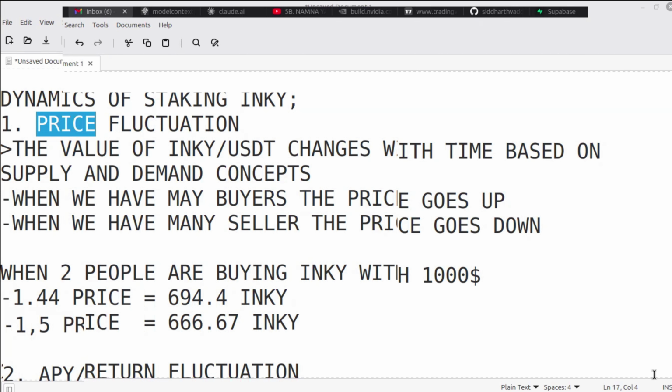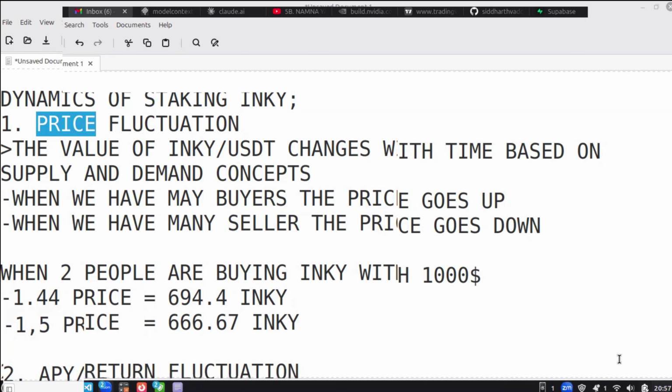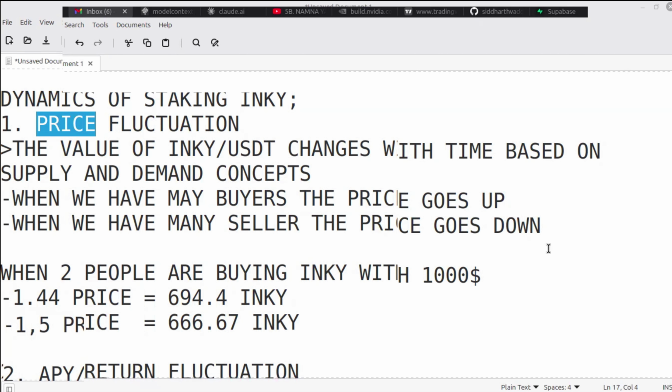So if everything was clear, please go to the chat box and type 777. If everything was clear to that point, please go to the chat box and type 777. And if you have a question, this is the best time now for you to ask your question.